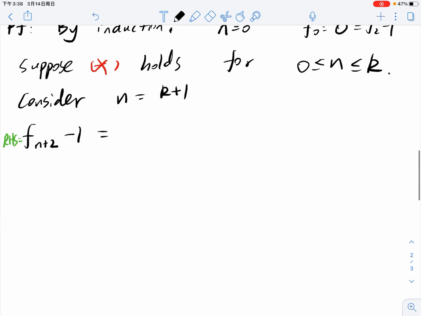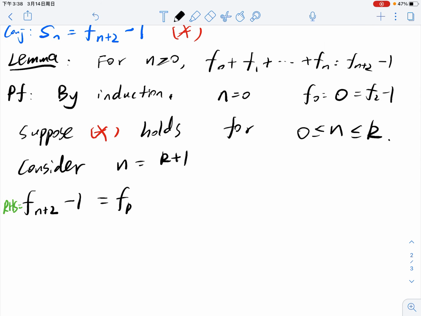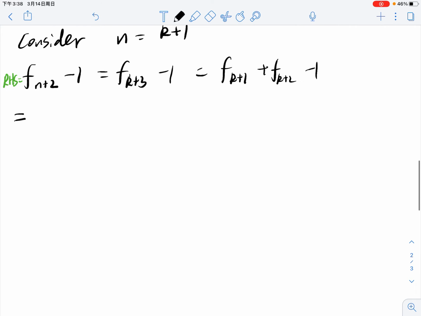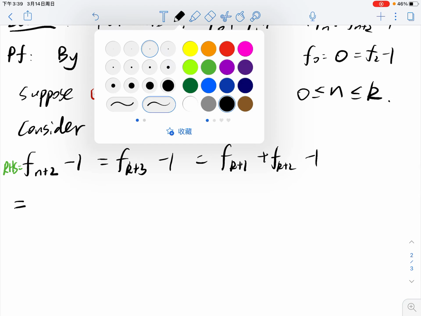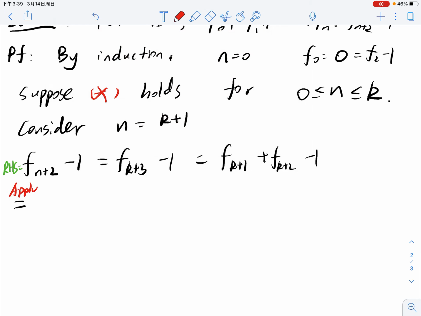You plug in the value of n, so it's F(k+3) minus 1. And then you use the recurrence relation once: F(k+1) plus F(k+2) minus 1. And now you can use the assumption, because k is such that you can apply star to F(k+1) and F(k+2).